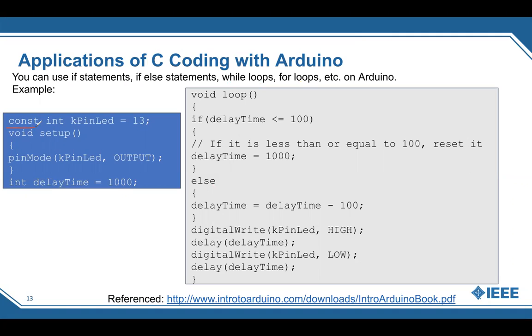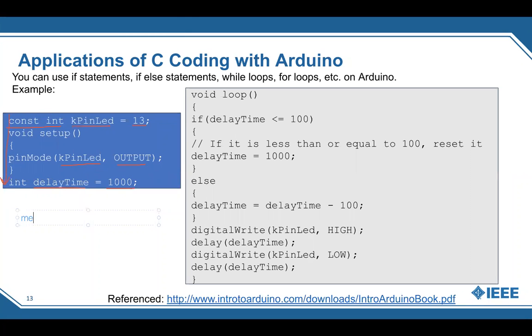So for pin 13, they called it K pin LED. And in their setup code, they declared the K pin LED as an output. And they have a time delay integer, which they just have as 1,000. So when it runs down, it creates the variable in memory.